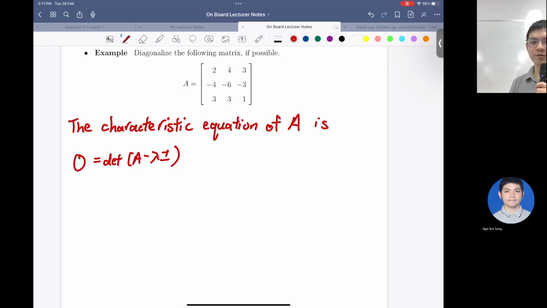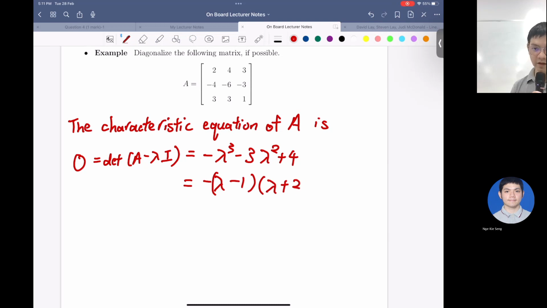Is it hard to compute? Okay, maybe I give you some hint straight away. I give you this characteristic polynomial, and then get the root from here. Try start calculating the vector.